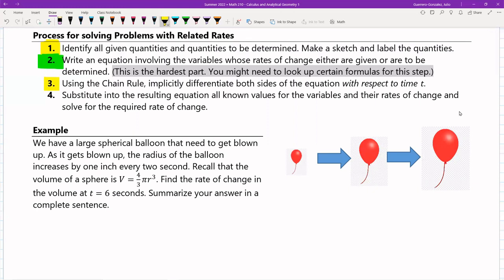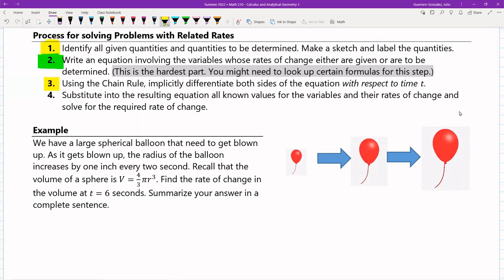Step three, once you have that equation from step two, we're going to use the chain rule and implicit differentiation to take the derivative of both sides with respect to time. And then the last bit, once you have the derivative done and you have everything in terms of variables and rates of change, you get to plug in all your values, and it should fall in your lap.